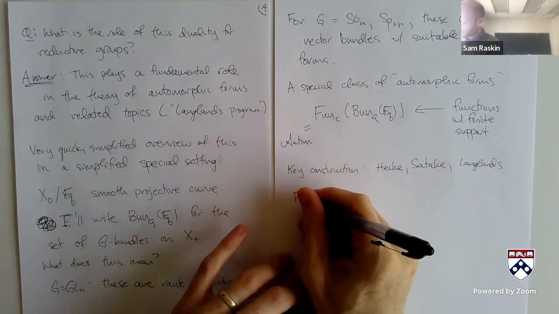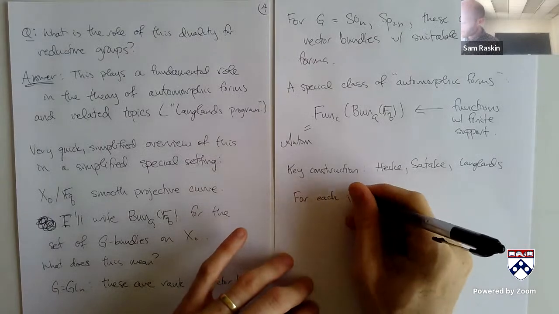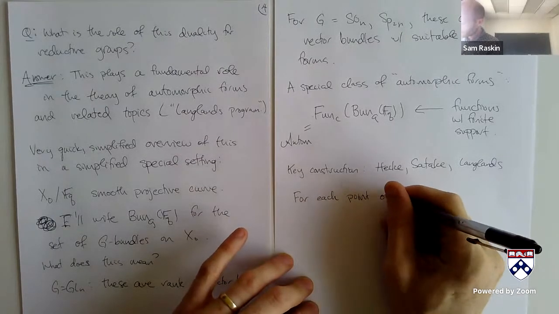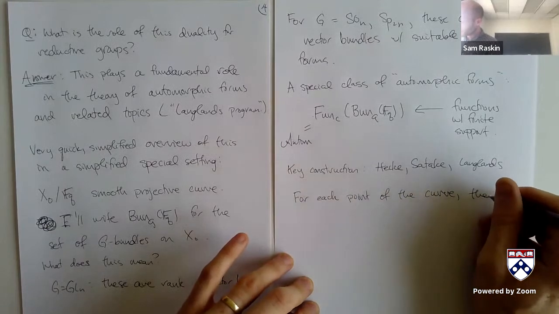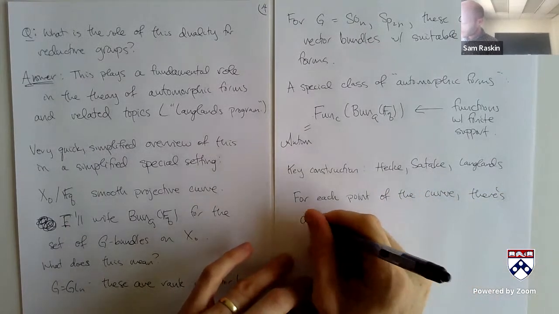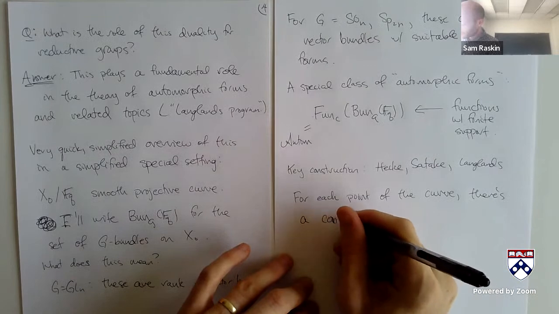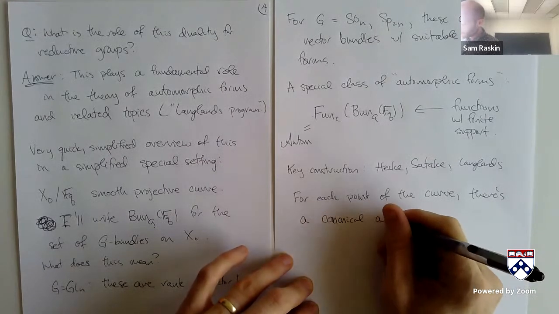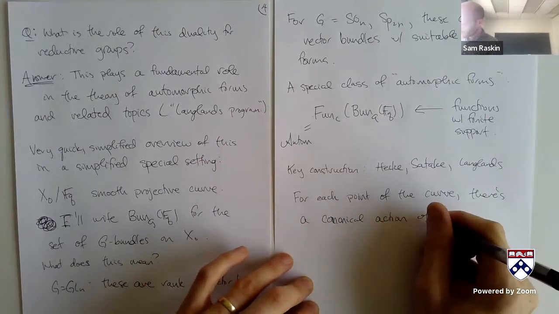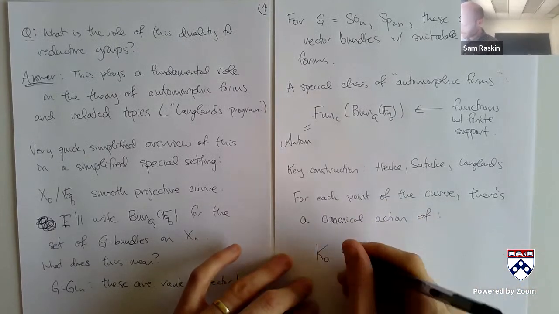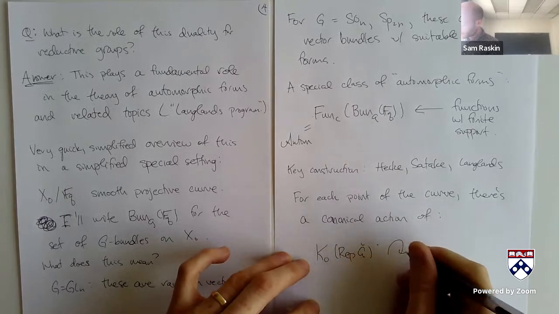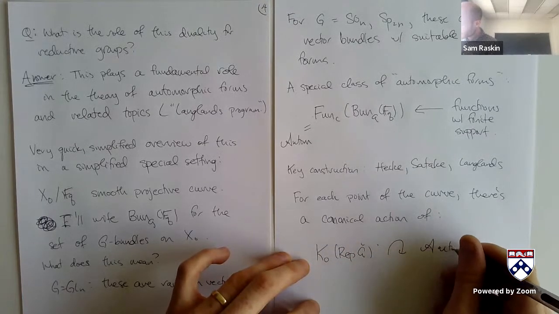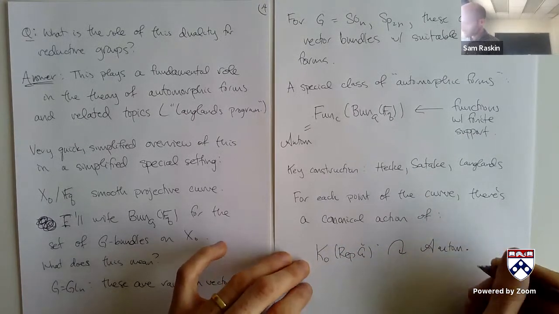For each point of the curve, there's a certain canonical action of K_0 of Rep of G check, acting on this space of automorphic forms.